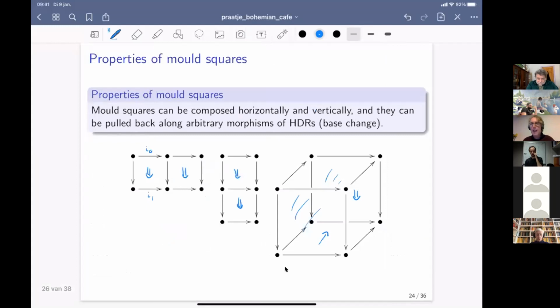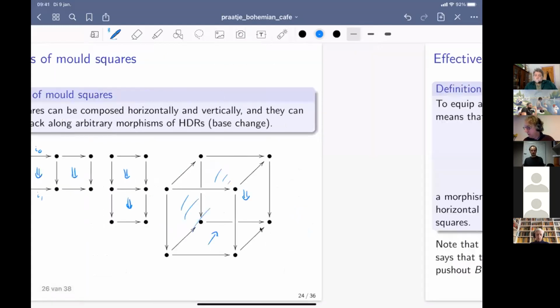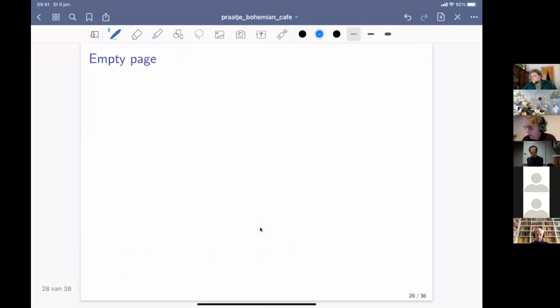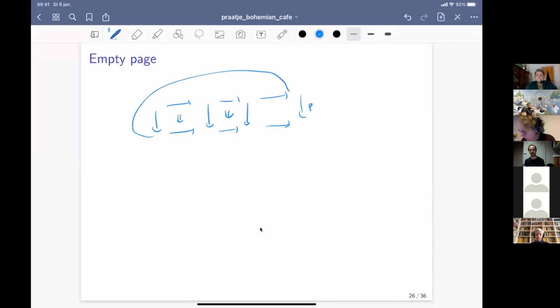are supposed to reflect all of the structure that these mold squares have. I think they're very natural. So suppose I have a mold square like this, a mold square like this, and here I have my configuration, and suppose I also have a map, maybe I can draw it from here to there.